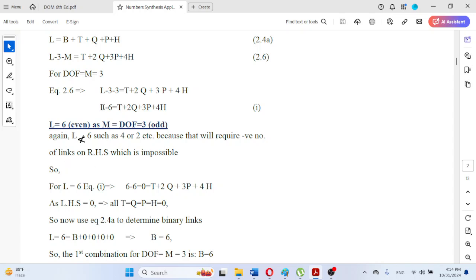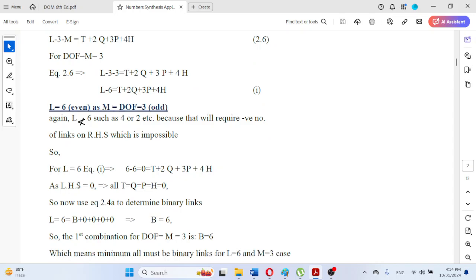So we can start from L equal to 6, the lowest number of links required for a 3 DOF mechanism.